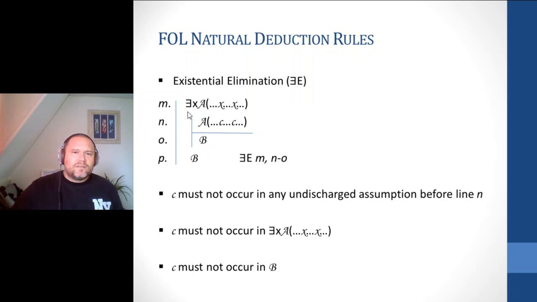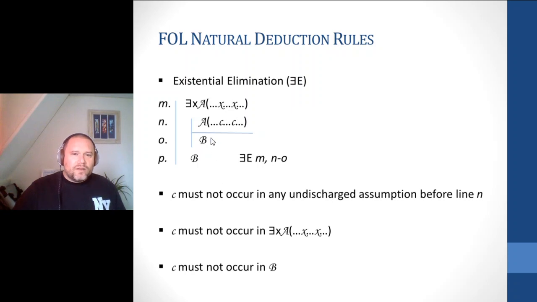Basically, if we have a sentence that features an existential as its main operator, what we can do is open up a subproof that starts with a substitution instance of that sentence, where we replace the variables with some arbitrary name. Then, within the subproof, we derive some result. Now, importantly, there are some restrictions here.